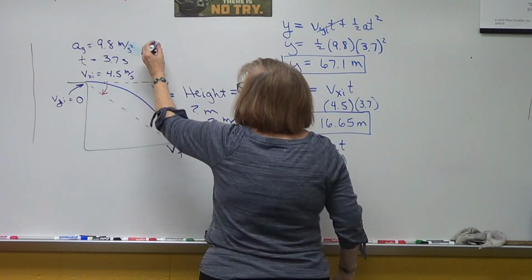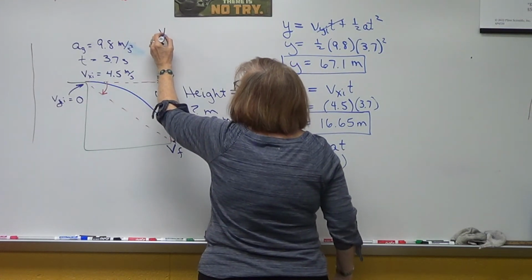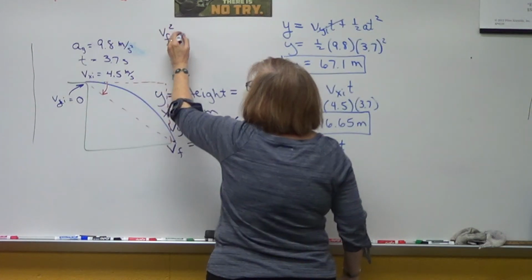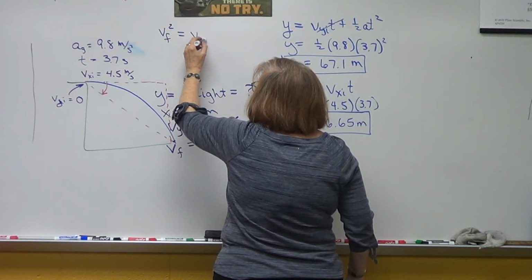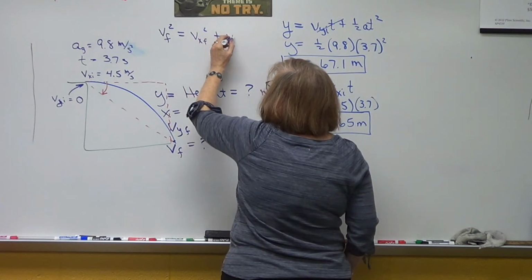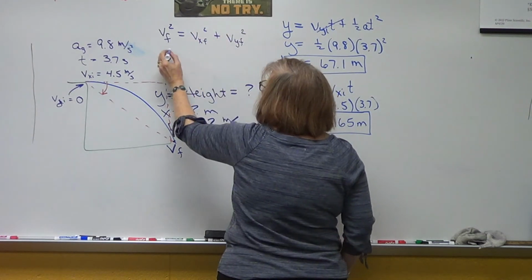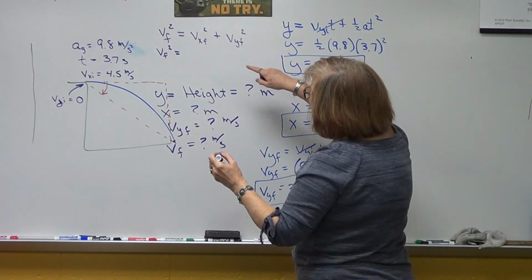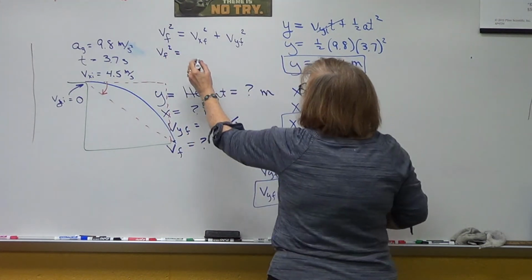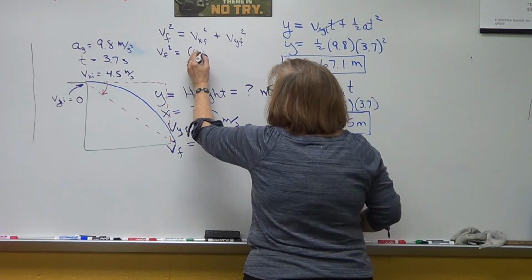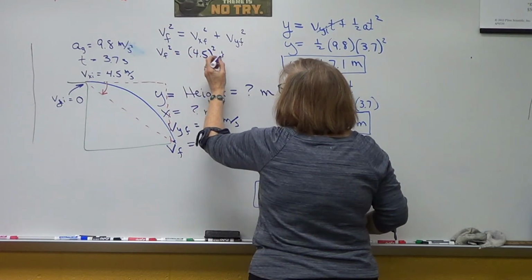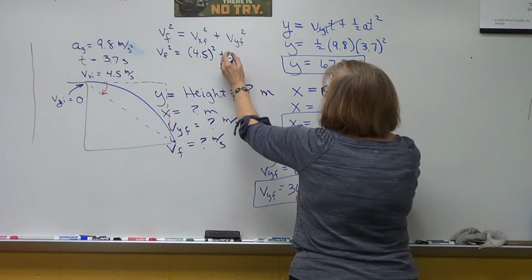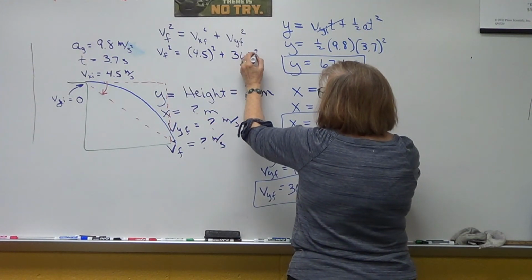But we're going to use the Pythagorean theorem here for this one. So VF, the actual final velocity squared, equals VXF squared plus VYF squared. Our VXF, of course, is VXI, which is 4.5. And you don't have to have the parentheses. And then the VYF here is 36.3 squared.